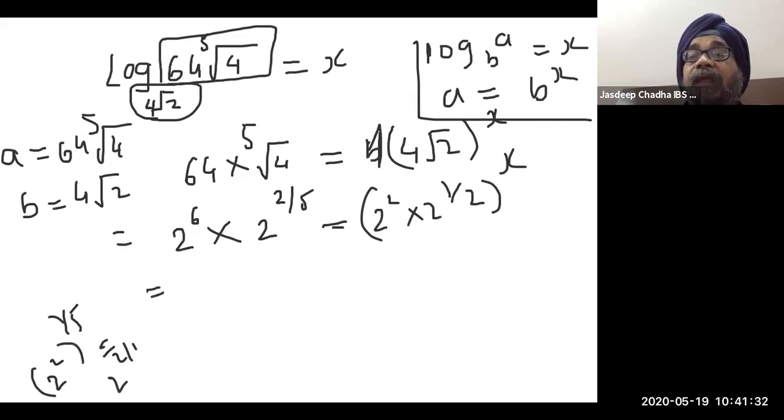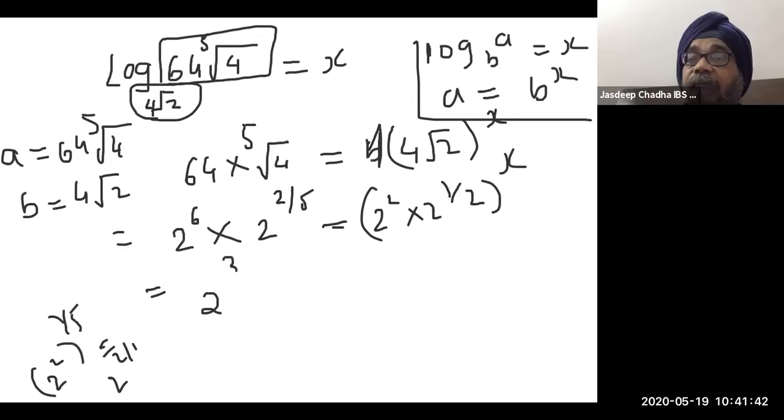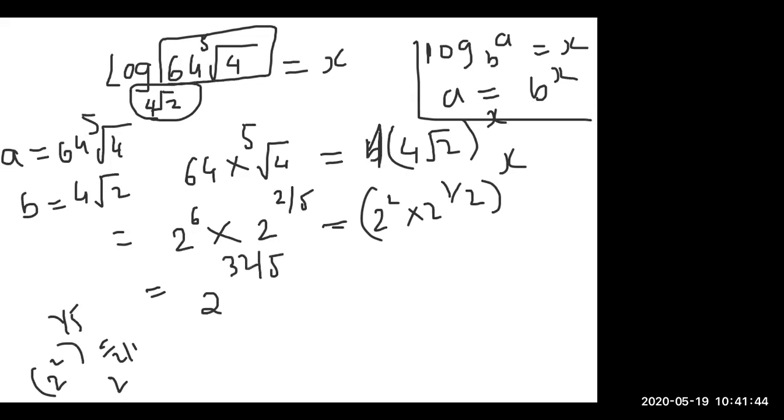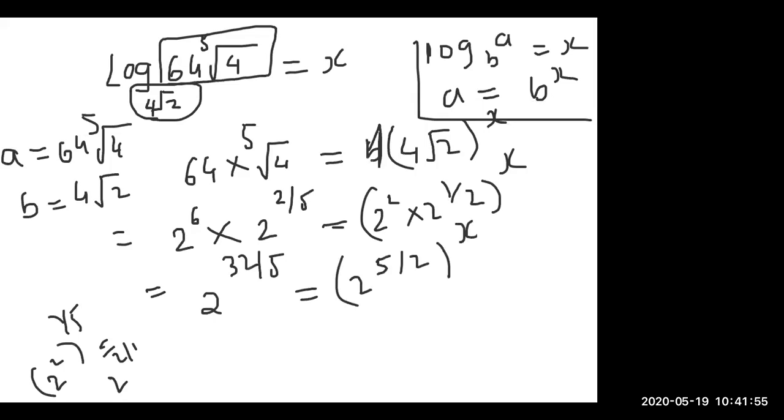So it is equal to 2 to the power 6 plus 2 by 5, which will be 32 by 5, correct? Is equal to, if I write it here, the powers of 2 are 2 plus half, so it will be 2 to the power 5 by 2, raised to the power of x.